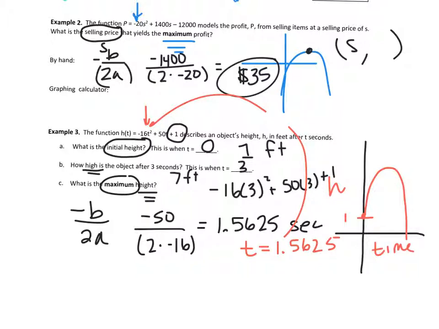So negative 16 times 1.5625 squared plus 50 times 1.5625 plus 1. It's going to give me about 40 feet, so I rounded. So that's the maximum height. So at about 1.5625 seconds, it reaches a maximum height of 40 feet.